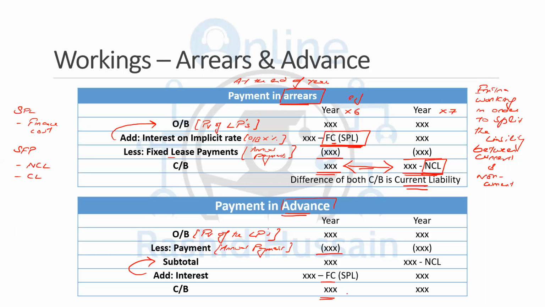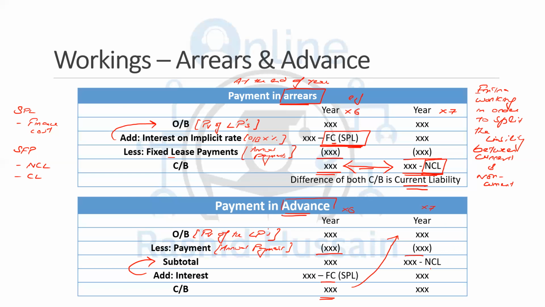This closing balance will be the opening balance of the next year. Then again deducting the payment, you get the subtotal. Then again the subtotal will be used for applying the interest, which will be the interest of the next year. So this subtotal of the next year comes from extra working. Let's assume in the exam they're asking you regarding X6, you're supposed to make the calculation of X7 as well.